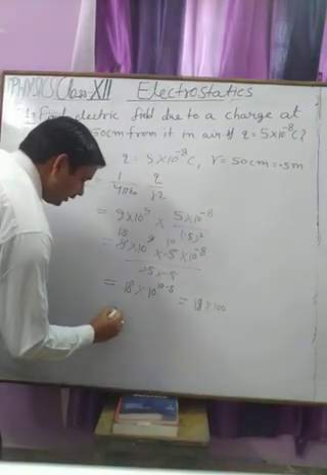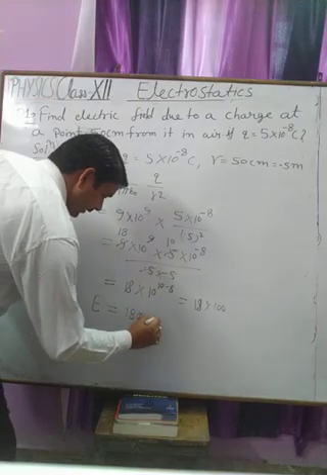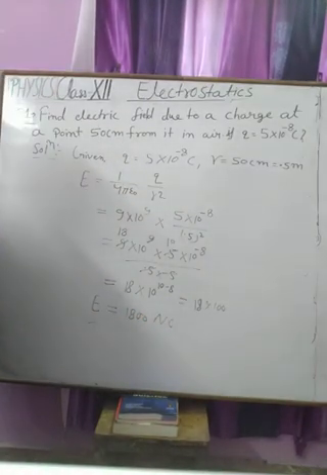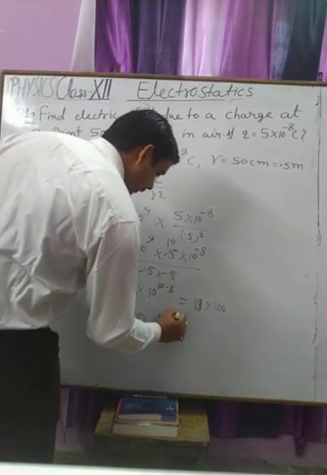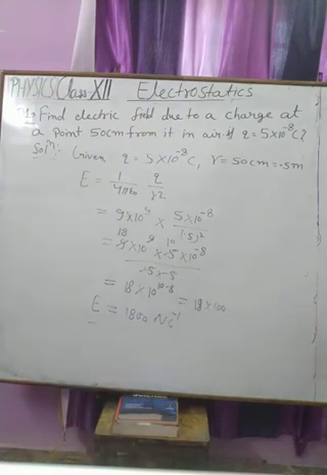So we have the result for this electric field as 1800 Newton per Coulomb. Okay, Newton per Coulomb. So copy this solution.